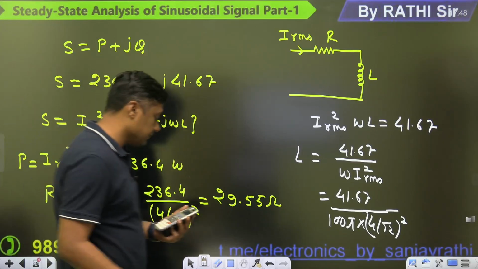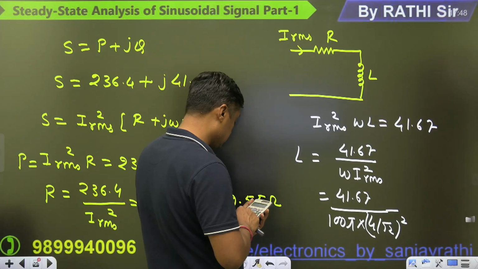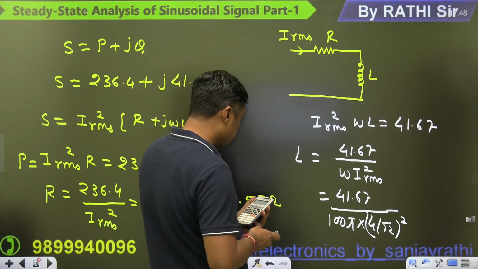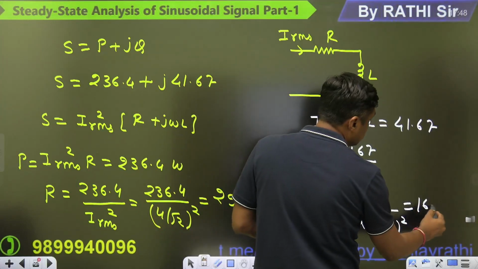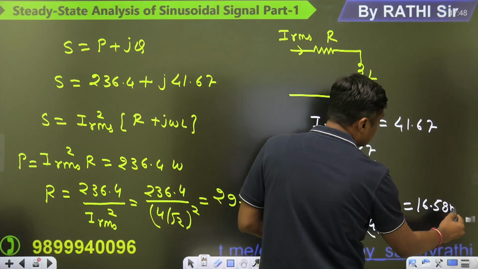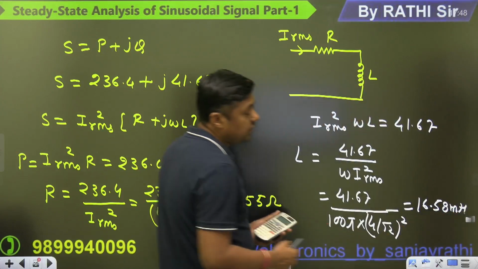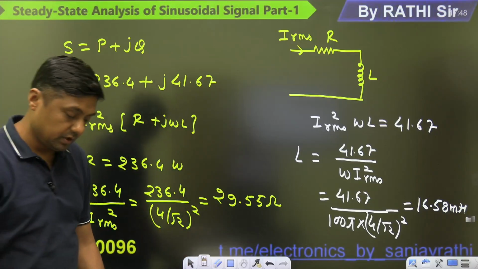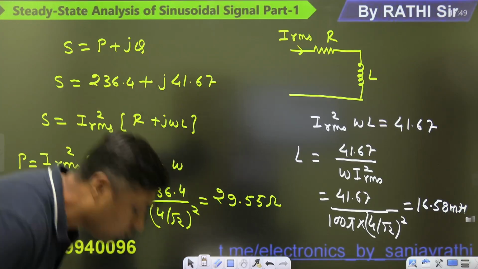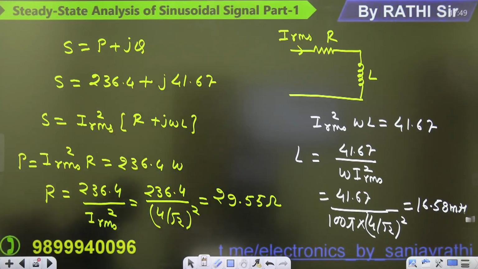It comes to 0.0165 Henry, about 16.58 milli Henry. A very, very low value of inductor, and that's why we are getting a very high value of power factor.